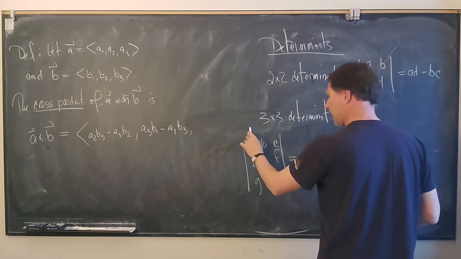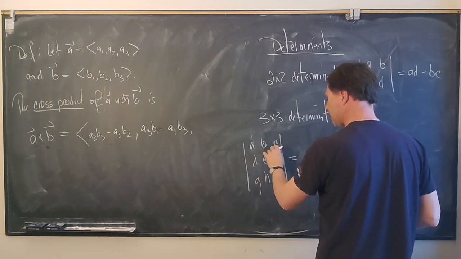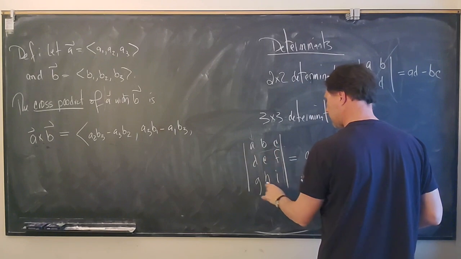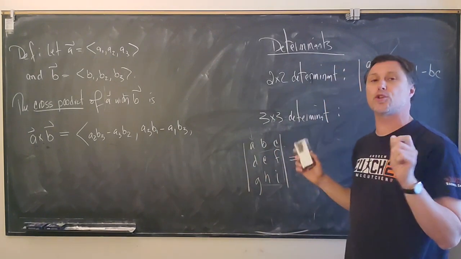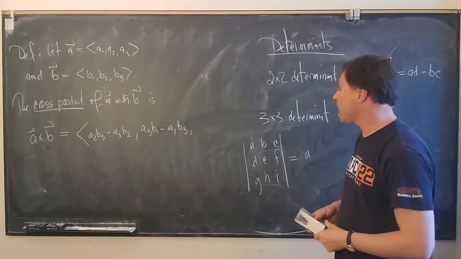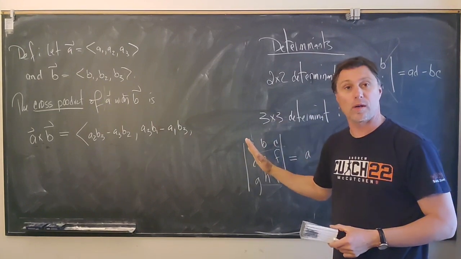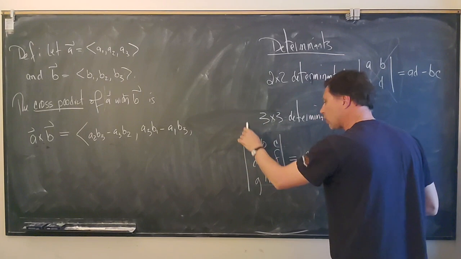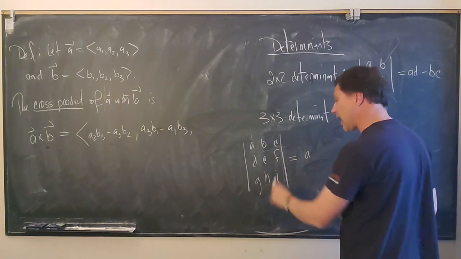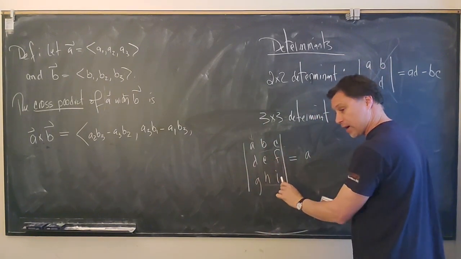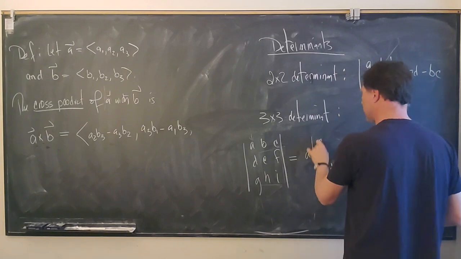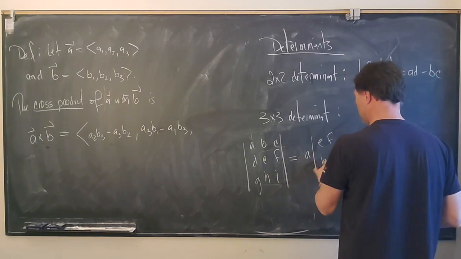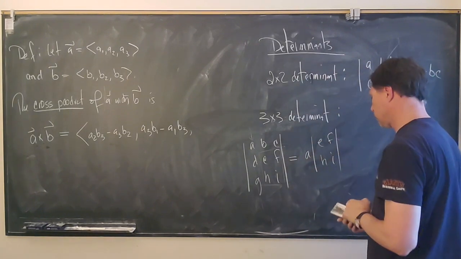So I'm going to look at A. I'm going to do A times the determinant of the 2 by 2 that I get by deleting the column and the row that contain A, right? So if you were to delete the column and the row that contain A, you're left with this little square down on the right-hand side, and so we compute the 2 by 2 determinant of that one.